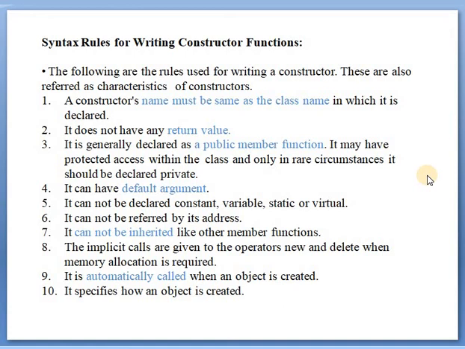It is automatically called when an object is created. When an object of that class is created, after that the constructor is automatically called by the compiler. It specifies how an object is created. So these are some rules for writing the constructor function.